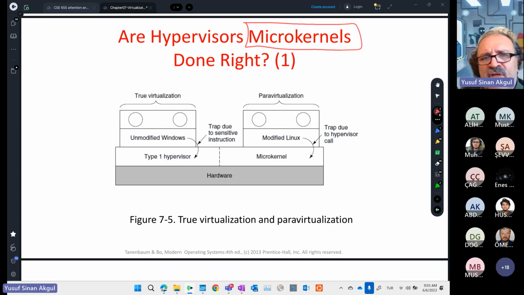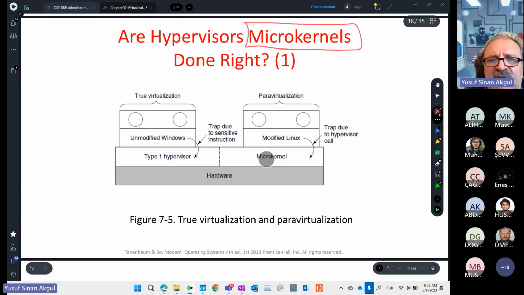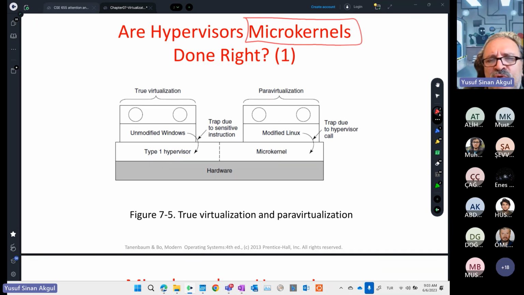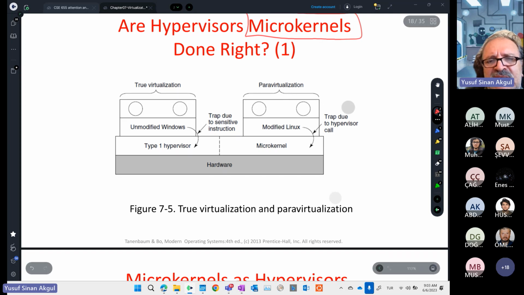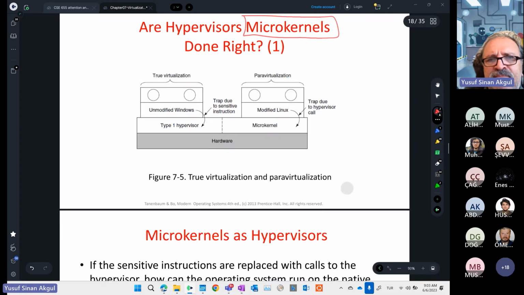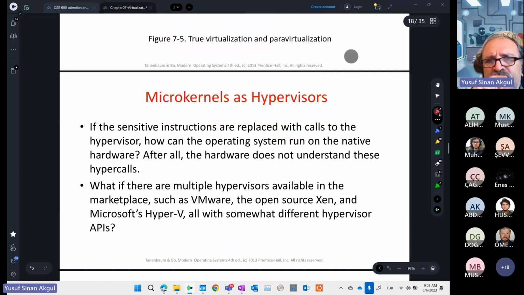They are kind of doing the virtualization for you. And if the interface for this microkernel is standard, then I can put any type of modified Linux or Windows or Mac OS 10, whatever.